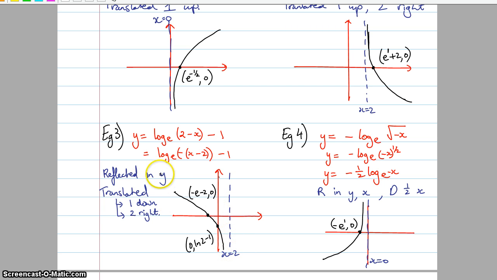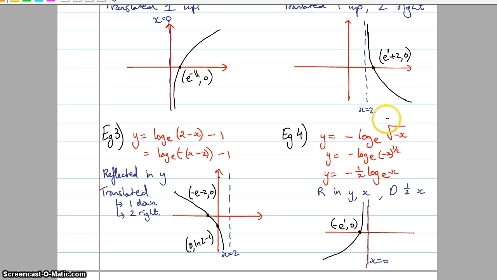It's been reflected in the y-axis, which means instead of going this way, it now goes this way. And we've already moved it 2 units right, and it's been moved 1 down. Again, it just changes the y-intercept. I can find both of these points using algebra, subbing in x equals 0 and y equals 0, and finding those 2 points. And that's what the graph will now look like.